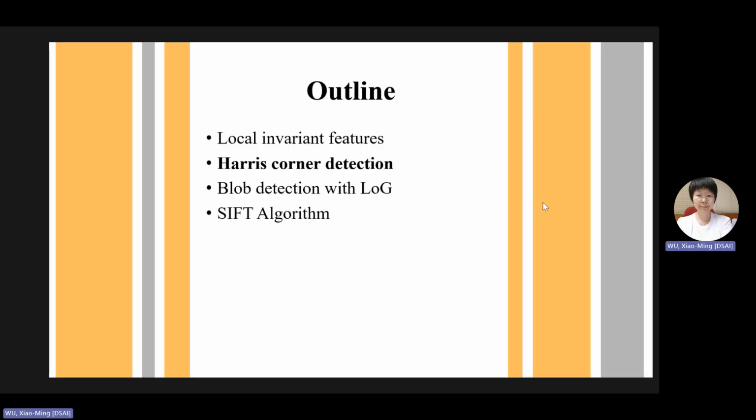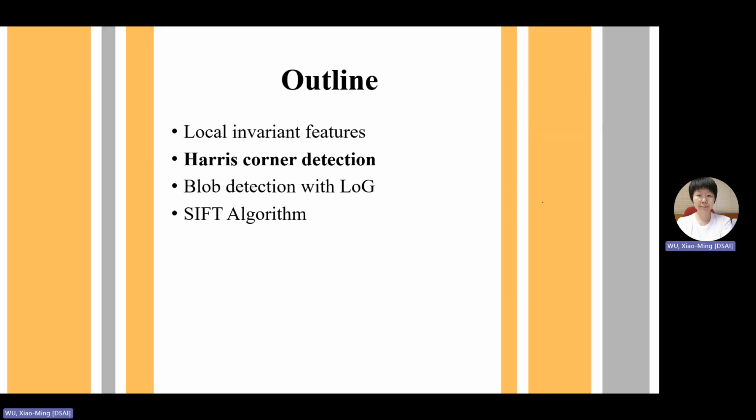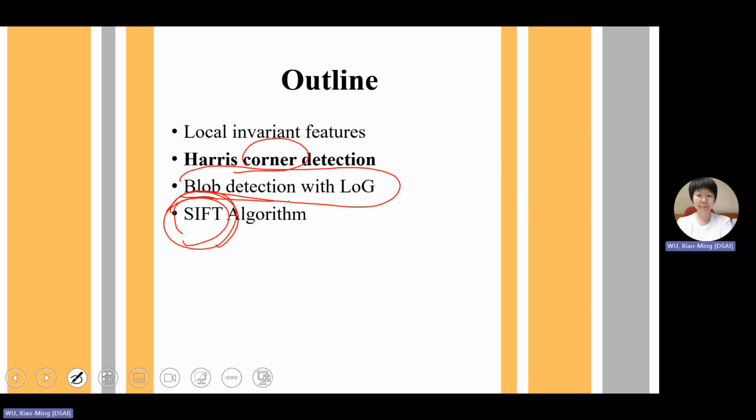So next week, we're going to introduce how to identify a corner using image gradient, and finally, blob detection with LoG and the SIFT algorithm. The SIFT detector is for blob detection.